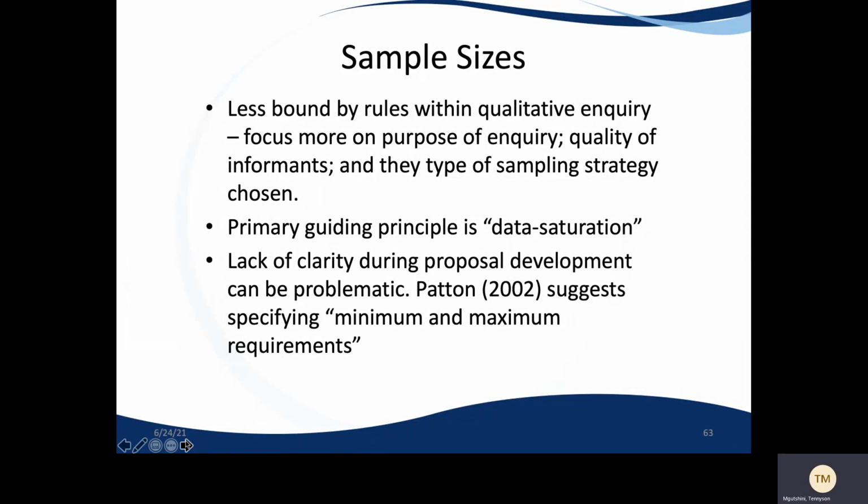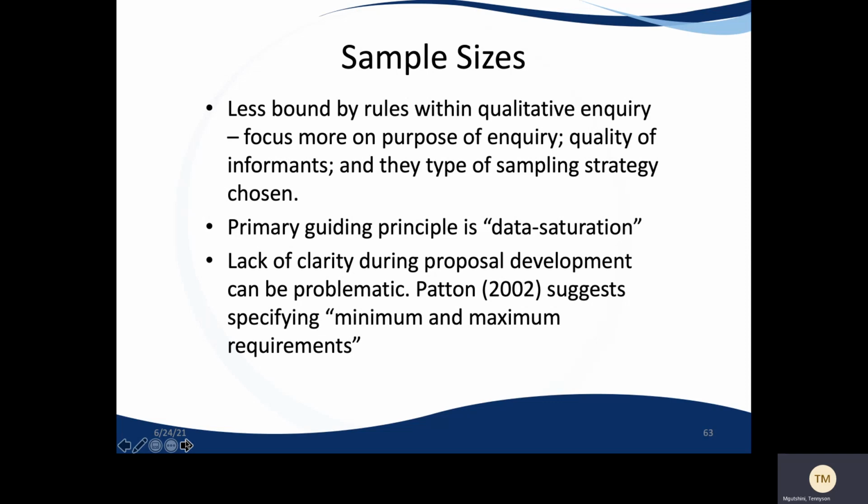So as far as sample sizes go, you will see that qualitative research, unlike quantitative inquiry, will say, look, I'm not bound by the rules of selecting things by virtue of their number.